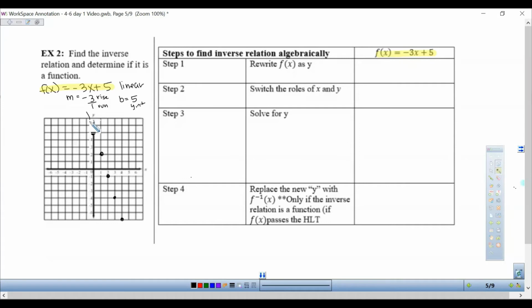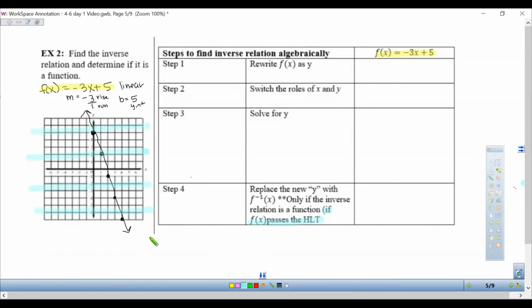And my drawing's not going to be great just because of how I'm doing this on the screen. Okay, so that is the graph of negative 3x plus 5. So what we talked about with the horizontal line test is, if I look at this, I know that my inverse is a function if this graph passes the horizontal line test. So if I draw horizontal lines, they should only cross the graph that I drew one time.